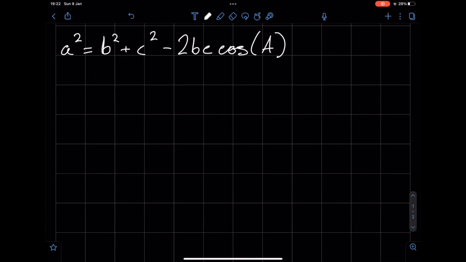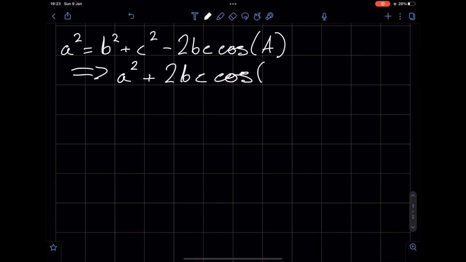So, the first step I like to take is adding on this bit here. That'll be minus 2bc cosine A. If we add that to both sides, we get a squared plus 2bc cosine A equals b squared plus c squared.